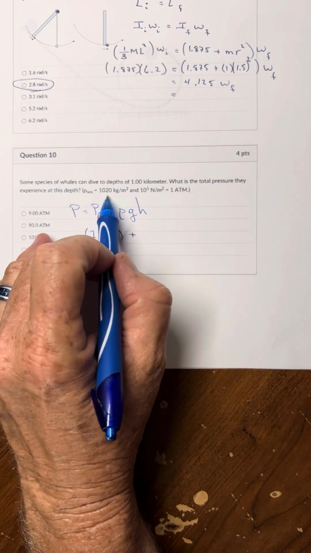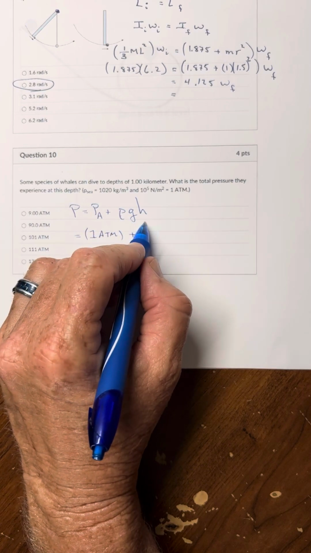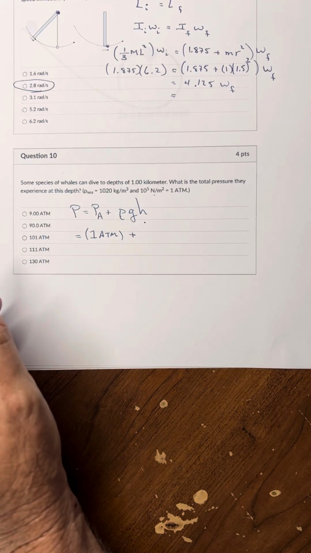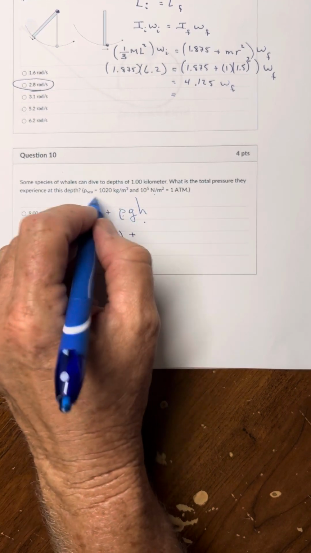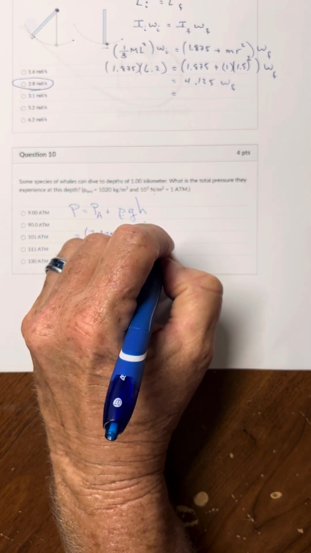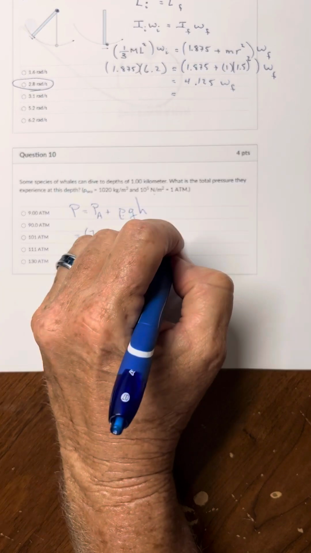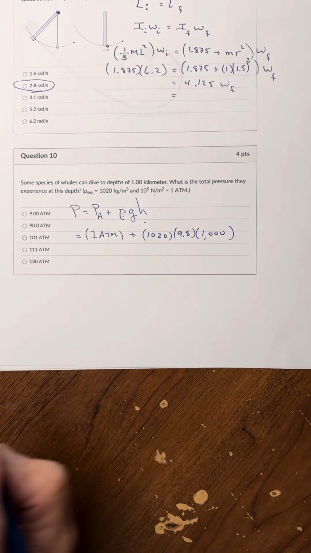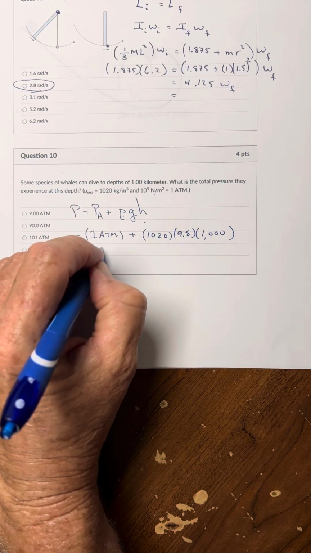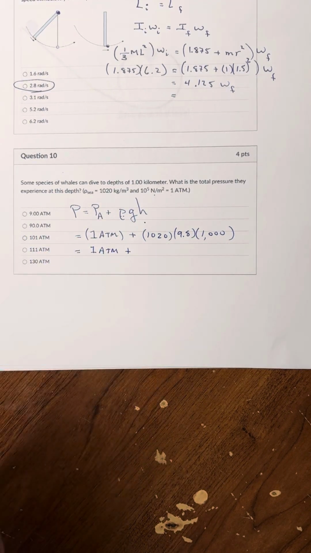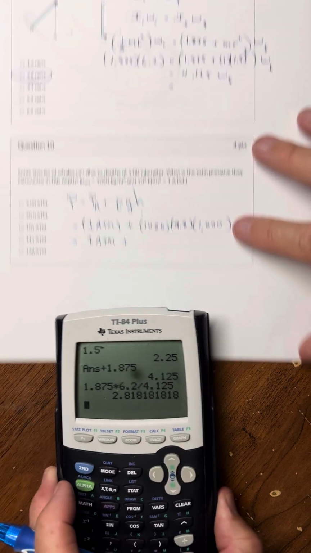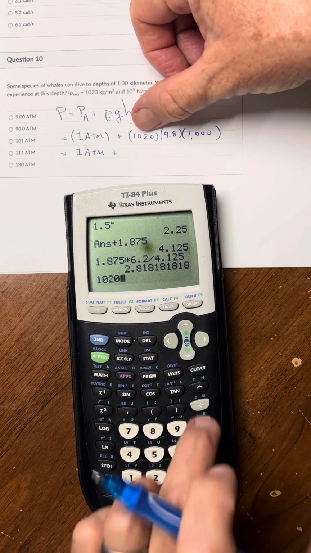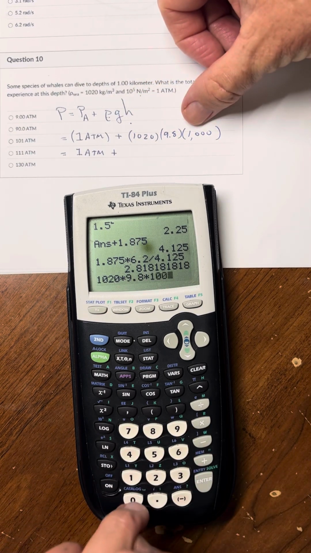But the pressure, at least done in SI units, would get pascals, which then we can convert to atmospheres because it looks like our answers are all in atmospheres. So rho, the density of the seawater, is 1,020. g is 9.8. And being a little careful with the units, 1 kilometer is 1,000 meters. So the pressure in pascals would be 1,020 times 9.8 times 1,000.